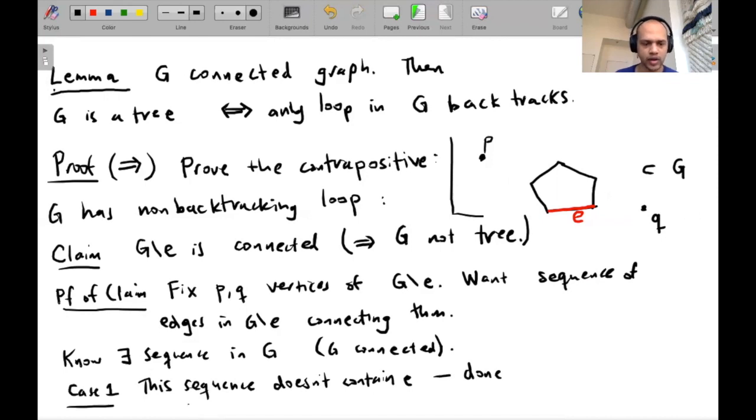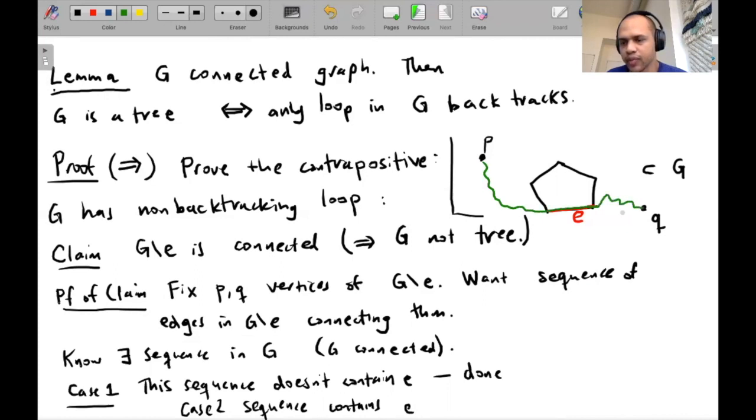Okay, and now case two, really pushing the limits of what you can fit on a page here, is the sequence contains E. Now the picture is we have some sequence of edges and it goes through E from P to Q. This case isn't so bad, because we just replace E by this loop that we found in the graph.